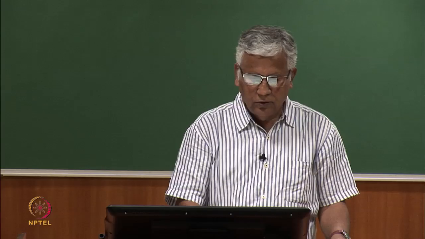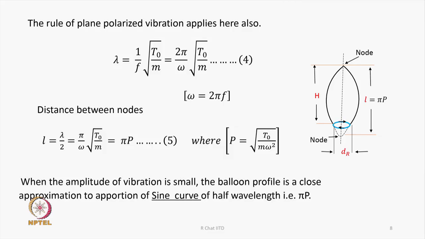From there, we go to the next slide, and here what I am trying to discuss, the rule which is valid for polarized vibration will also be applicable to circularly polarized vibration as well, and therefore, we can write in this situation also lambda is going to follow the same rule, that is wavelength will be 1 upon f root over T 0 by m, and f is going to be omega by 2 pi. So, if I replace f by omega, it is going to be 2 pi by omega.